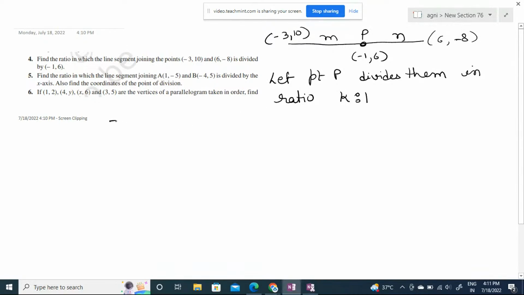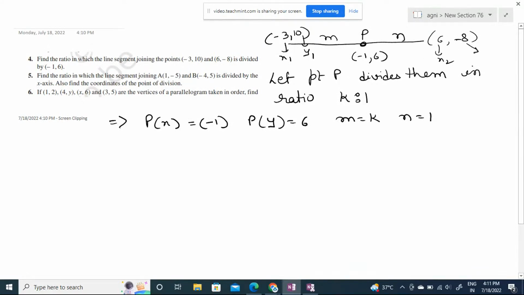Then for the x coordinate, we have the value -1. For the y coordinate, we have the value 6. Value of m is k. Value of n is 1. Now this is x1, this is y1, this is x2, and this is y2.